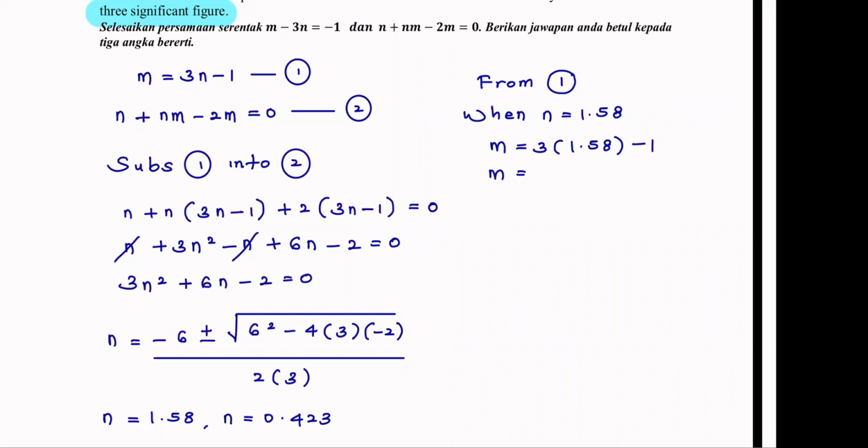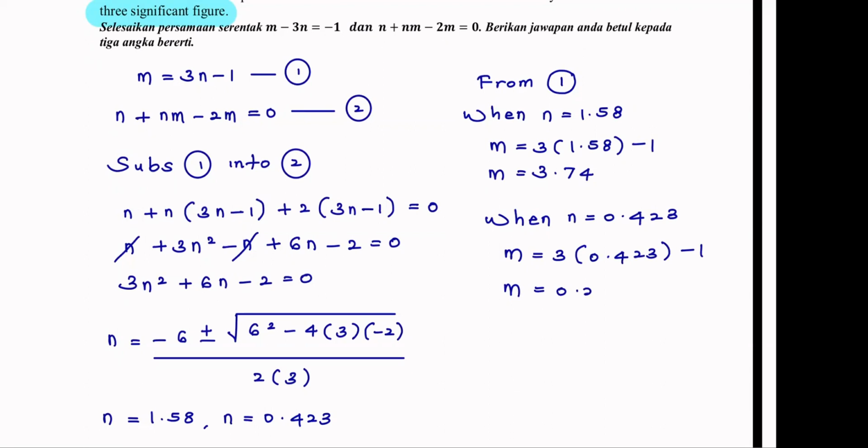3.74. This one? 0.269. Okay, done. Settle.